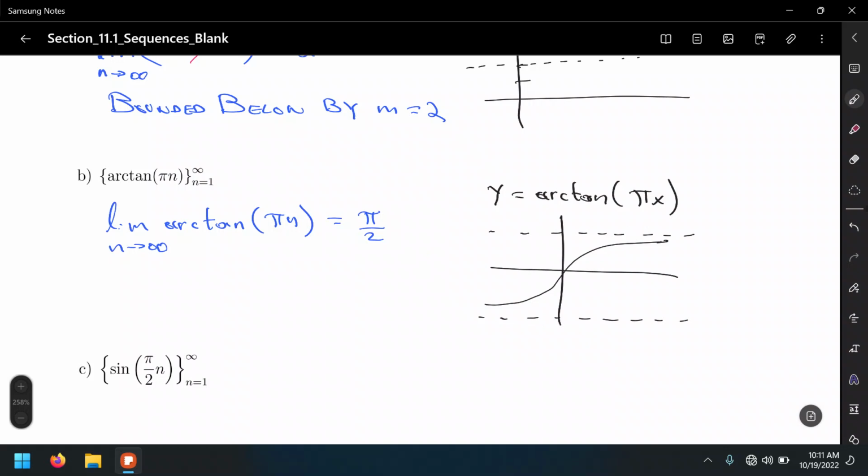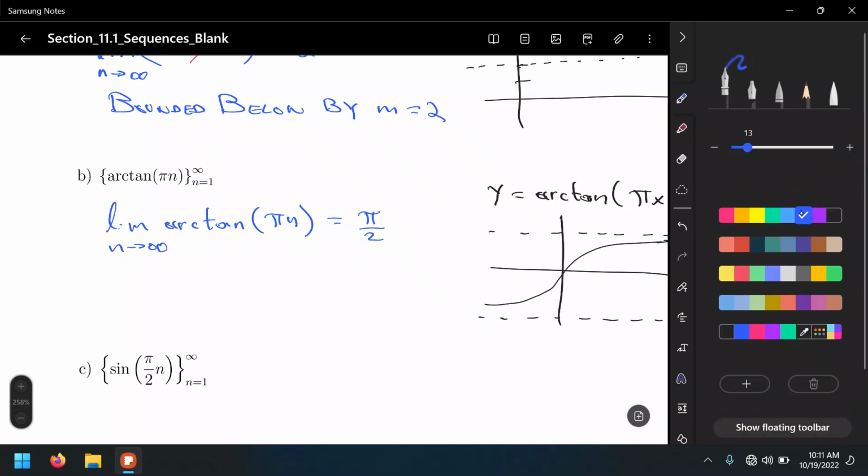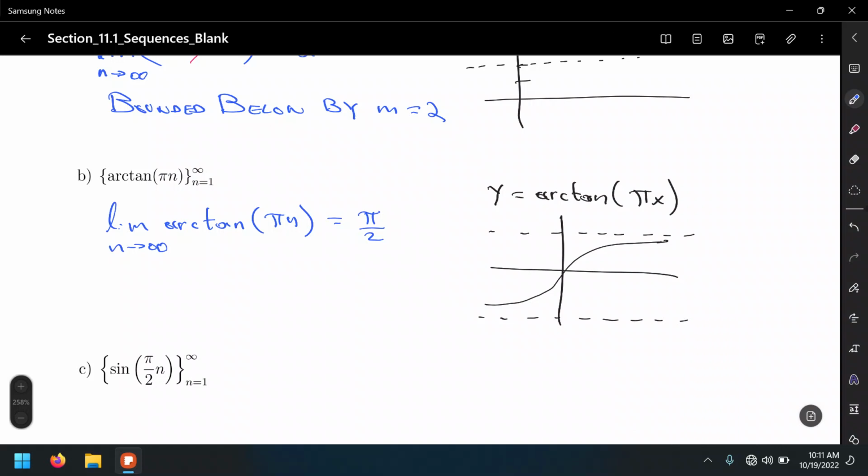It's only bounded above because we're looking in the positive direction of infinity. We don't care about the negative tail of the graph, so we just consider the part for which we have an upper bound. So bounded above by big M equals pi over 2.